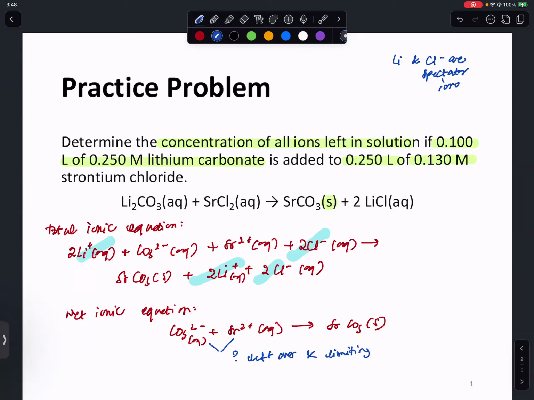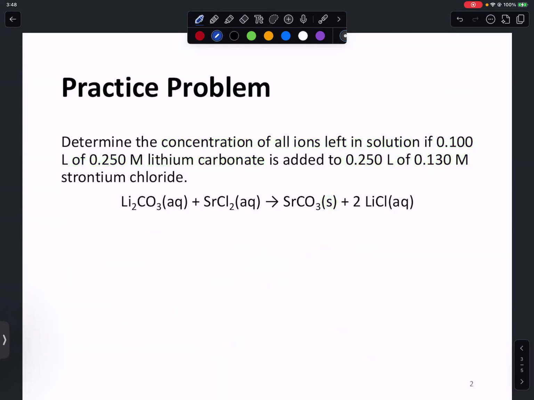Now let's start with the easier portion, which is calculating the molarity of the spectator ions, lithium and chloride. The source of lithium is lithium carbonate, and the source of chloride is strontium chloride.